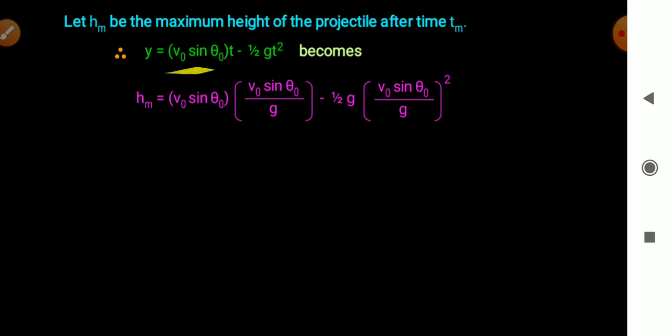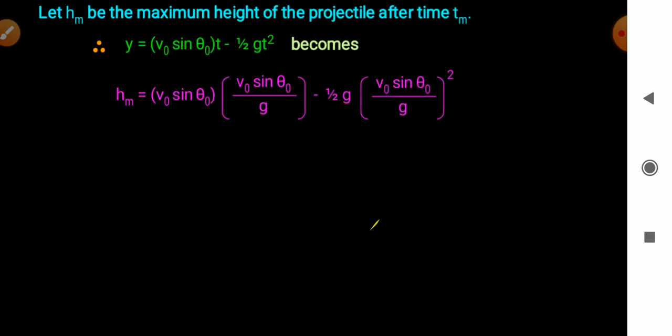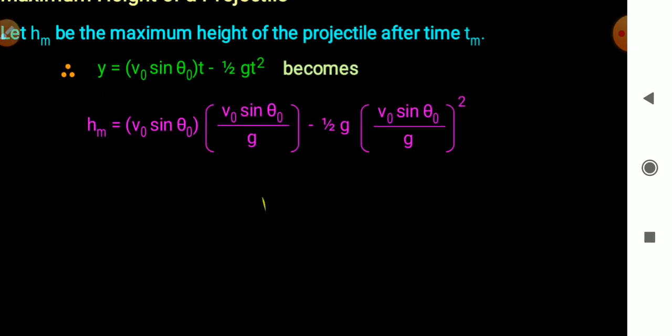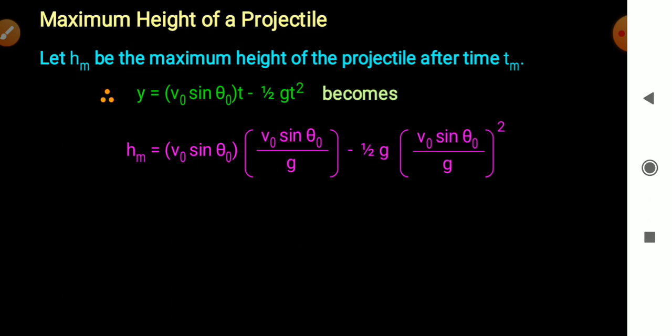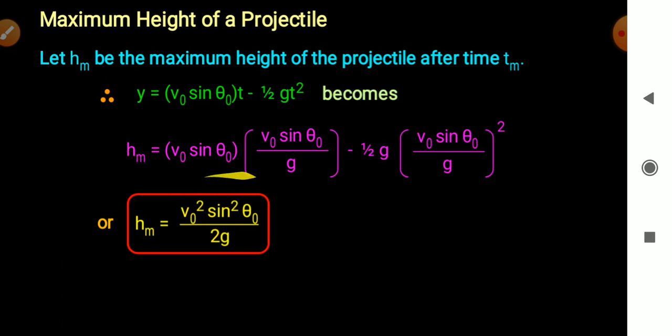In this equation we have H maximum equal to v naught sin theta naught into v naught sin theta naught upon g minus half g into (v naught sin theta naught upon g) whole square, right? On solving this equation, we have Hm equal to v naught square sin square theta naught upon 2g.